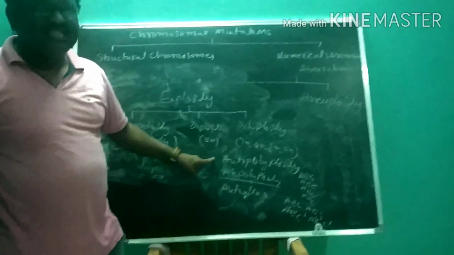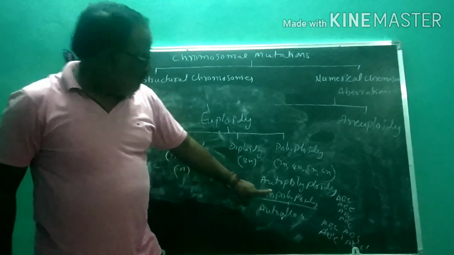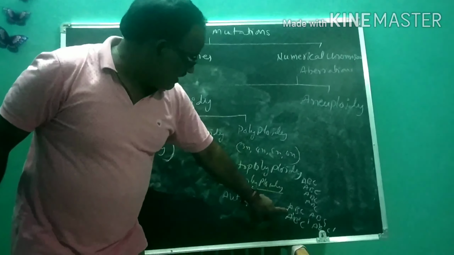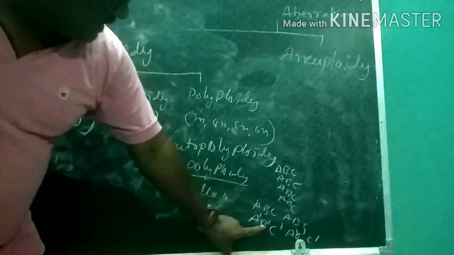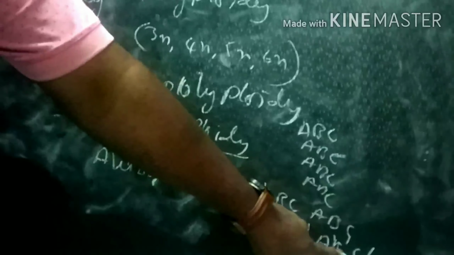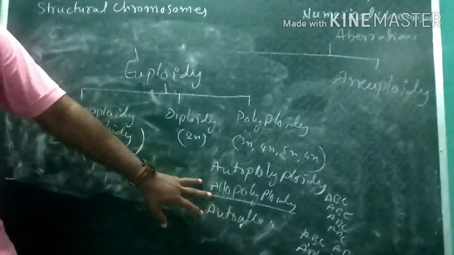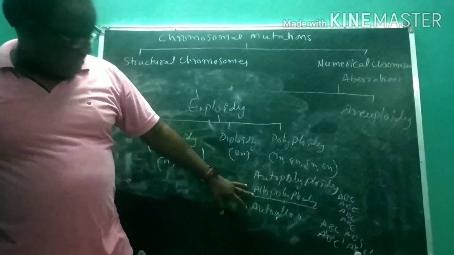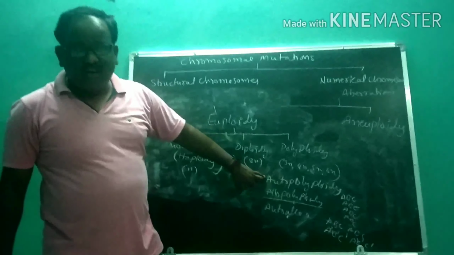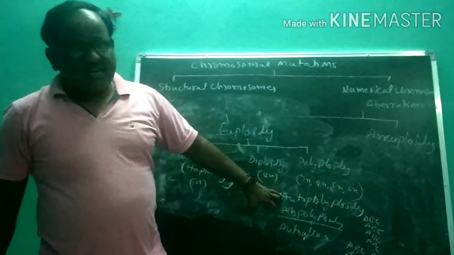This is homologous, with nothing newly occurring. But here new species are formed. So ABC, ABC, and then A bar, B bar, C bar and A bar, B bar, C bar. These are the heterozygote type. Examples are wheat and coffee plants.